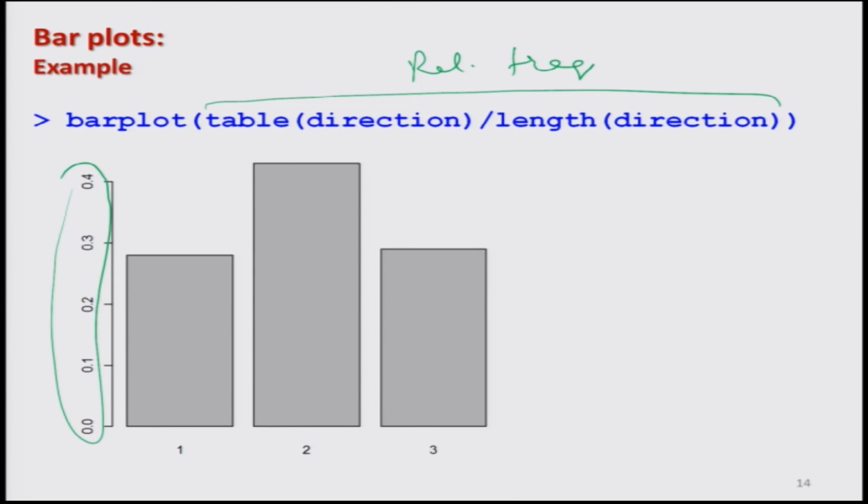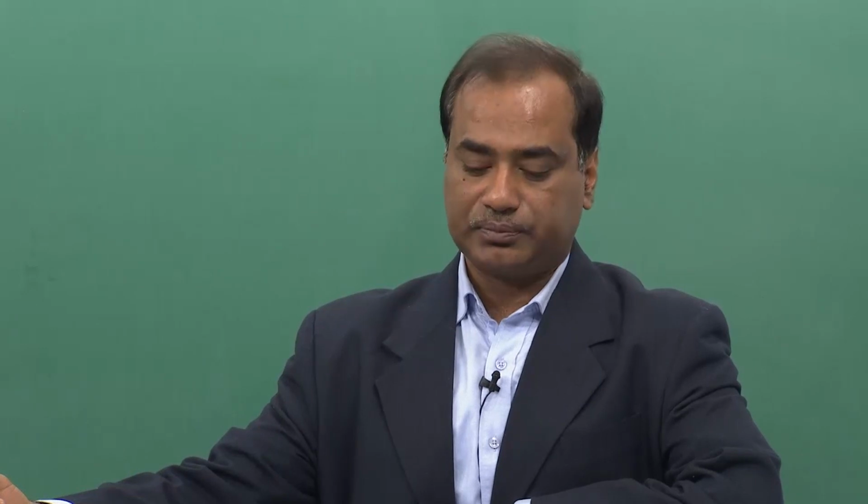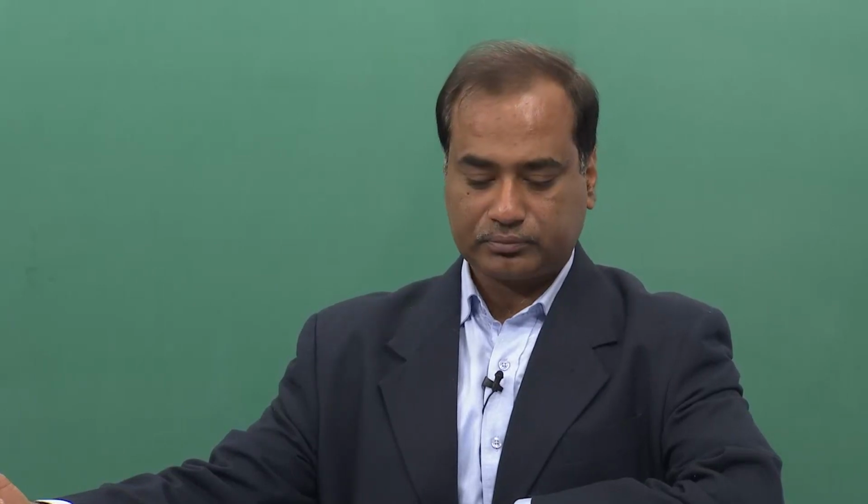Next important diagram is the pie diagram. So what is a pie diagram or a pie chart? This is also used to visualize the absolute and relative frequencies, but in this case they are not bars, but sections of a circle.